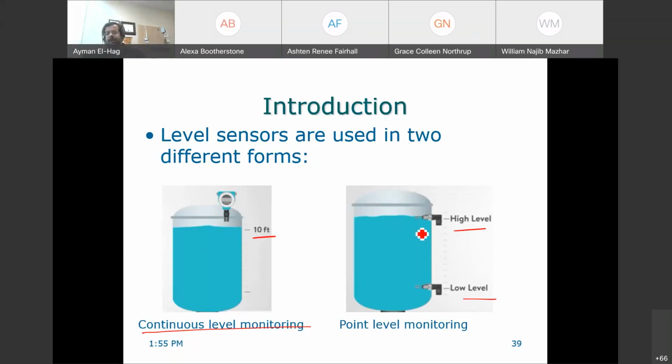Now for those ones we use different technology. We use ultrasound sensors, something similar to the cars' back bumper or front bumper. When you come close to an object, they start to beep. How does this beeping happen? There is an acoustic signal that goes to the object and returns.